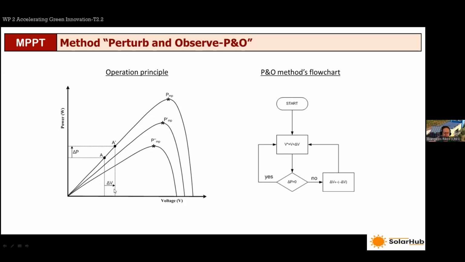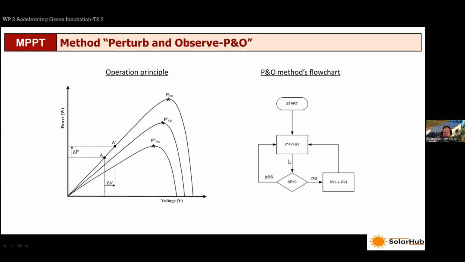For example, if we increase the voltage starting from point A here, and we force the system to operate at this point here, the power is higher. This means that we are approaching the maximum power point, so we continue doing this until we find this maximum point. On the right hand side, you see the simplified flow chart of this method.